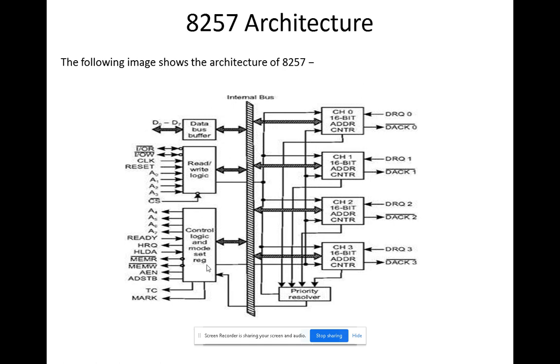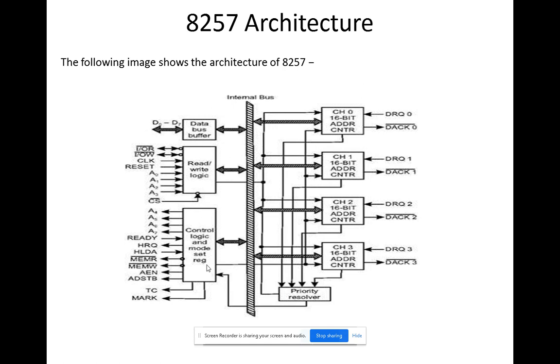So the remaining address lines will be available here, A4 to A7. Of the 8 address lines, 4 lines will be available in the read write logic and the remaining 4 lines are available in the control logic. And then the mark signal, as I told you already, will be generated by the 8257 to connect the peripheral device with the microprocessor for data transfer.